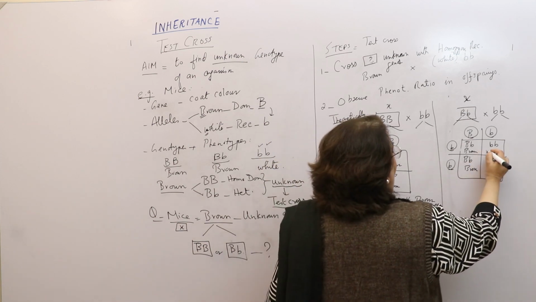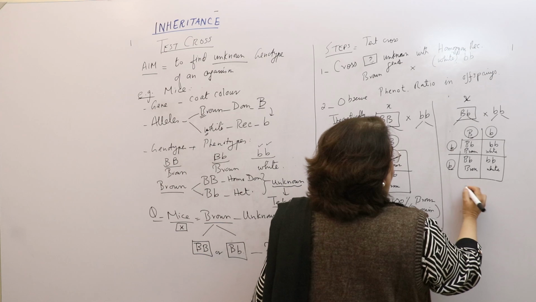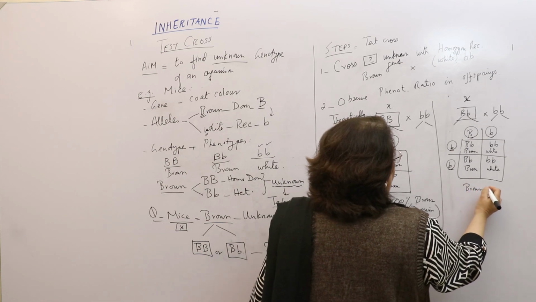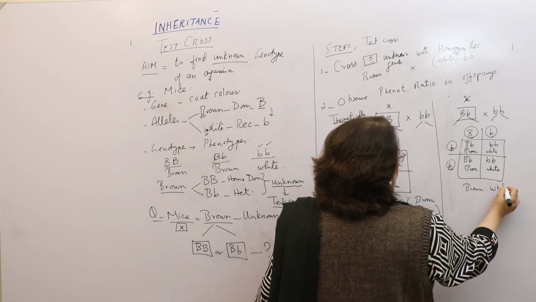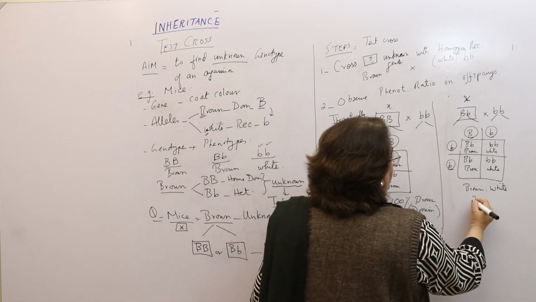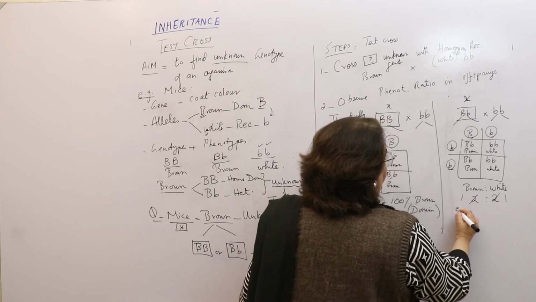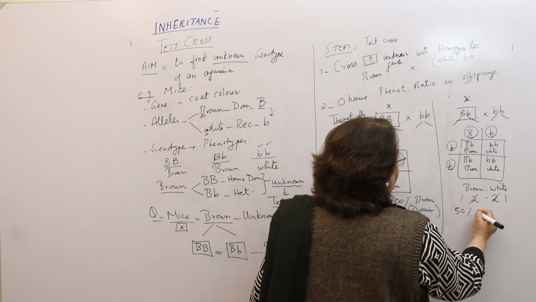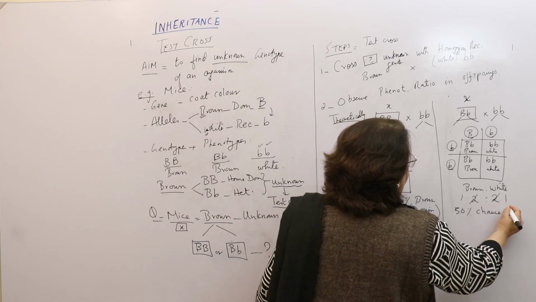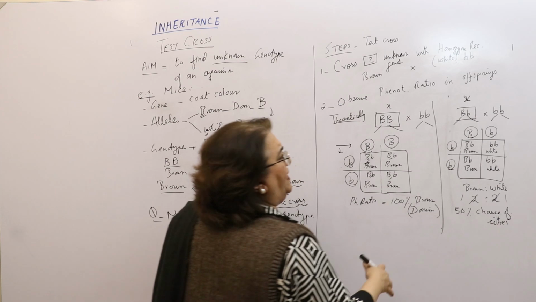What will that be? White. So the result is that the phenotype ratio of brown against white, or dominant against recessive, is 2:2, or simplified as 1:1, or we can say 50% chance of either. So this is the theoretical background.